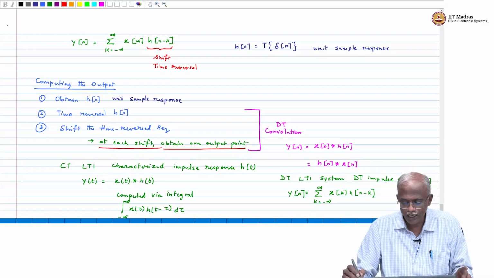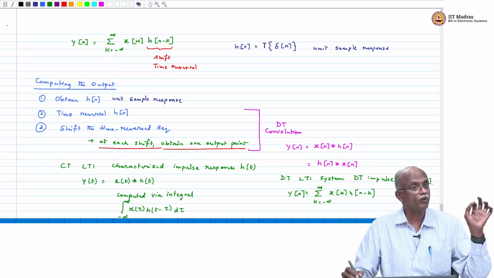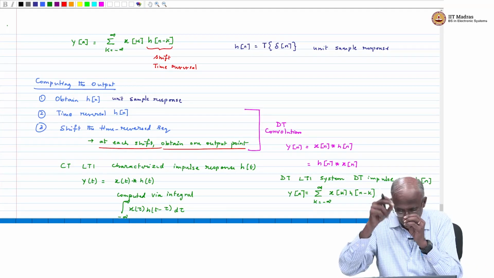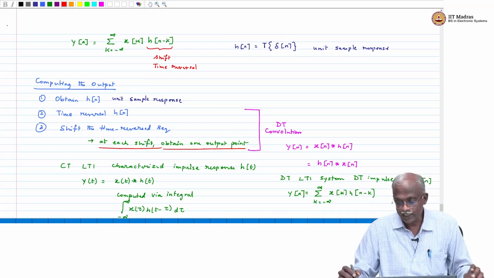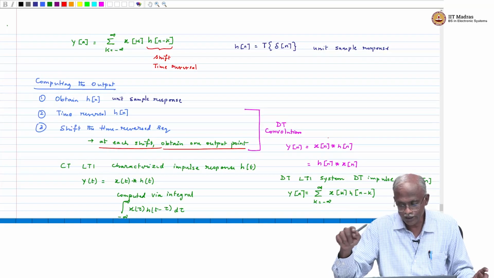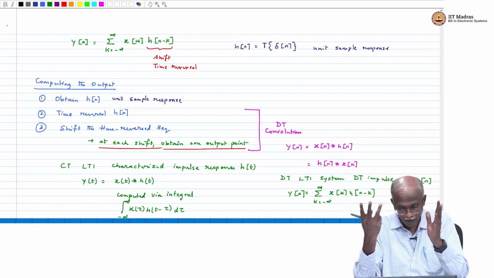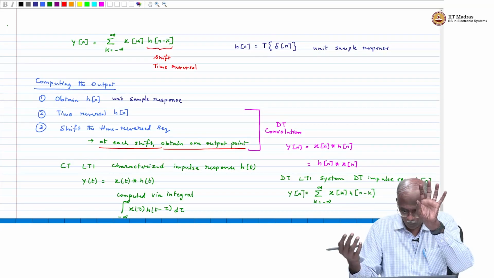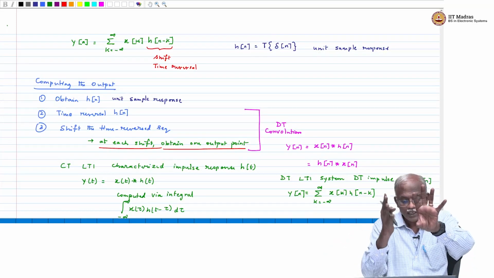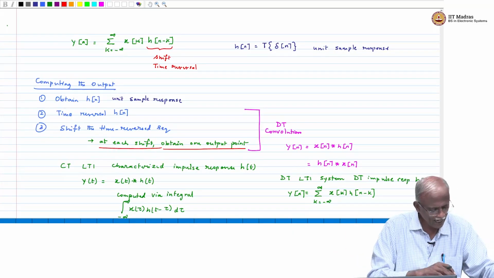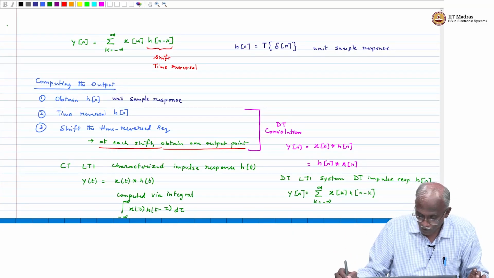This operation is what we call convolution, discrete time convolution. It is denoted by an asterisk: x of n asterisk h of n means you are convolving these two sequences. The operation is to keep one of them the same, flip the other, and then multiply and add. So, this is the operation of convolution.